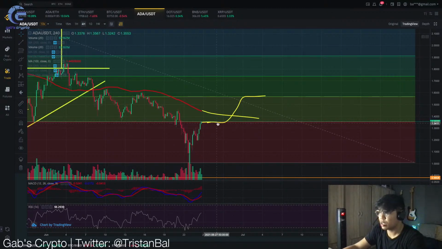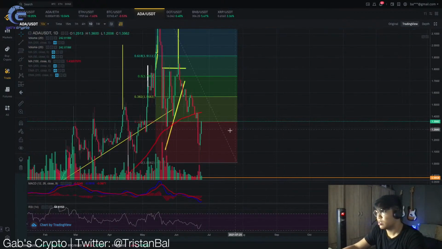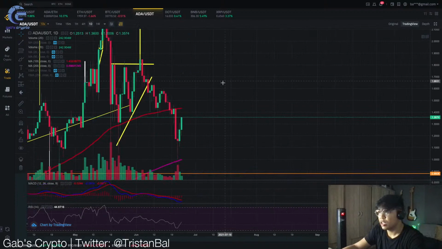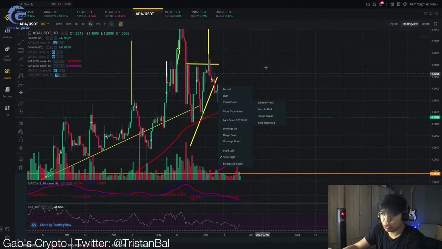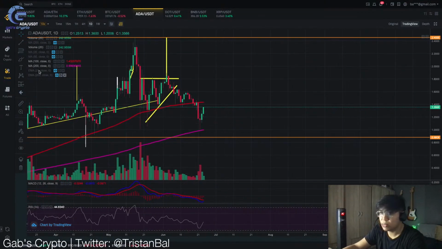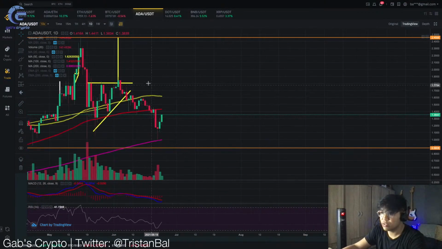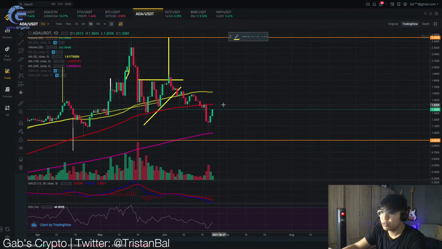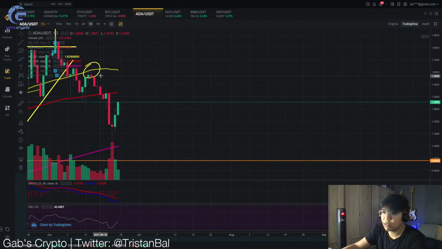Now let's try to look at Cardano in the daily time frame. In the daily time frame, we are actually following this chart that I told you about 2 to 3 weeks ago. I said then, if we get a rejection at the 50-day moving average, here, if we get resistance here, then we will see the dump to the 100-day moving average.